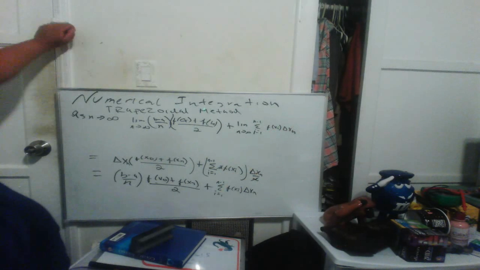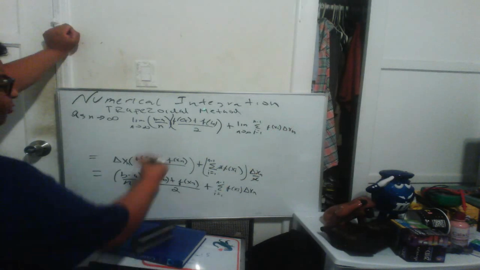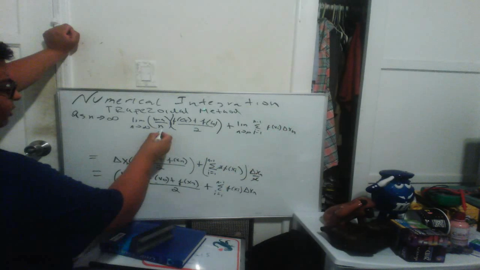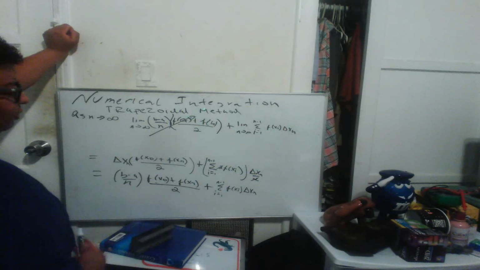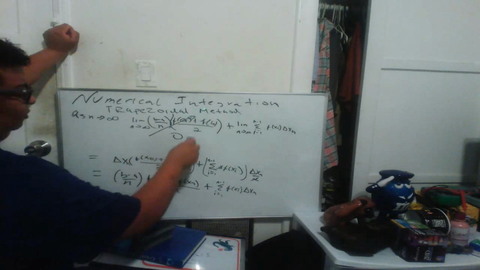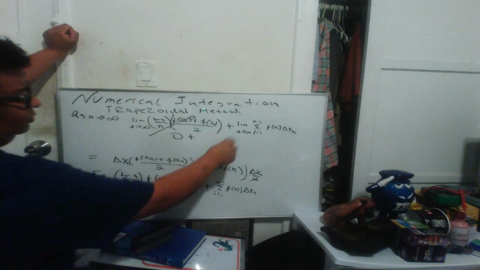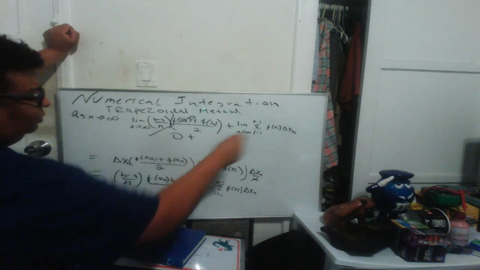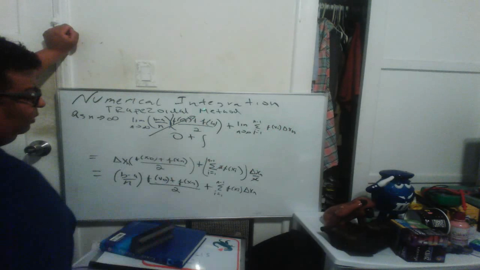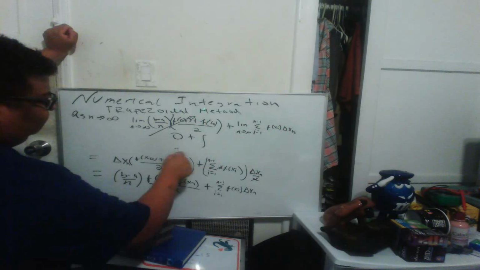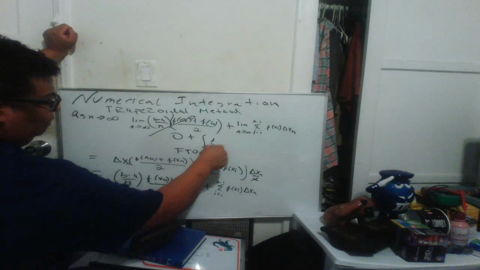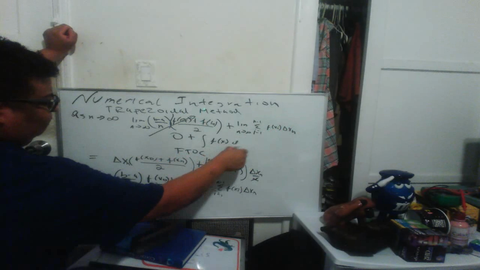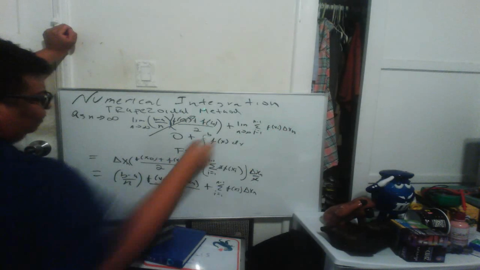As n approaches infinity, the first term becomes 0 because n blows up, and the second term, by the fundamental theorem of calculus, becomes the integral of f of x dx from a to b.